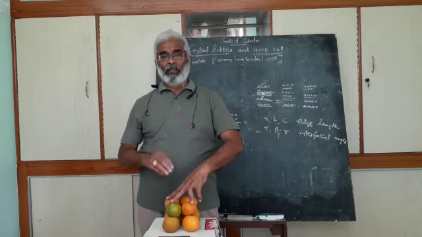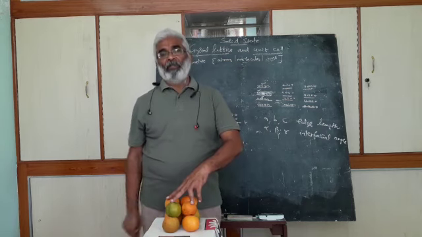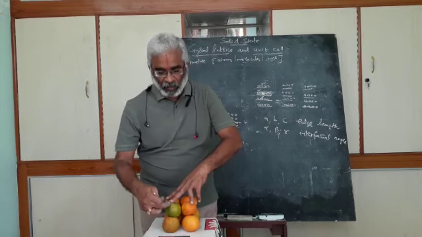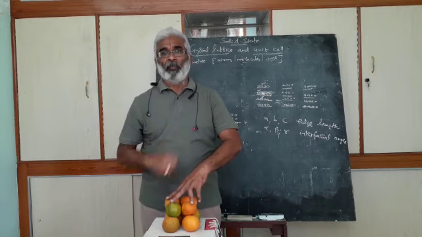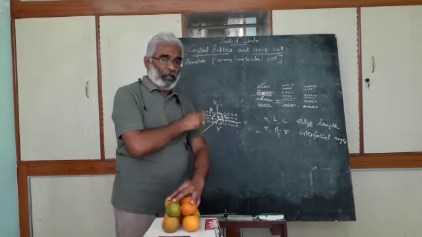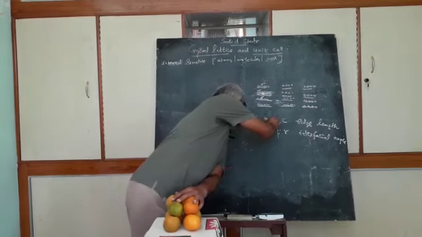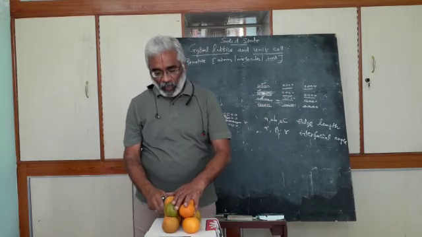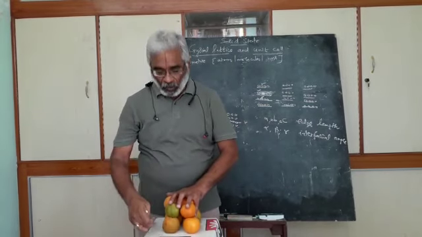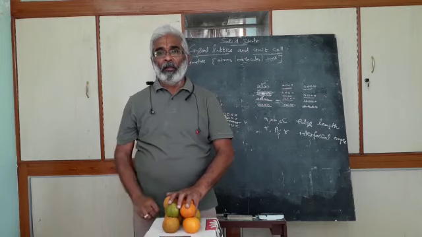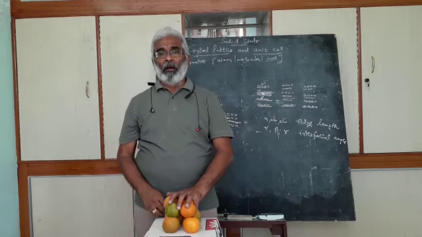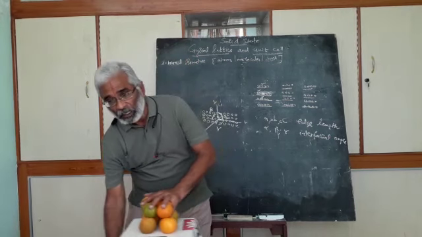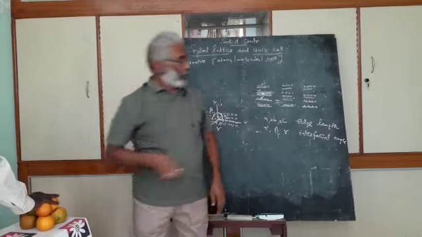In this arrangement, if you observe the distances, this distance and this distance are the same. That is a equal to b equal to c, so all are the same. Similarly, if you observe the angles, this angle is 90 degrees, this angle is 90 degrees, all angles are 90 degrees.